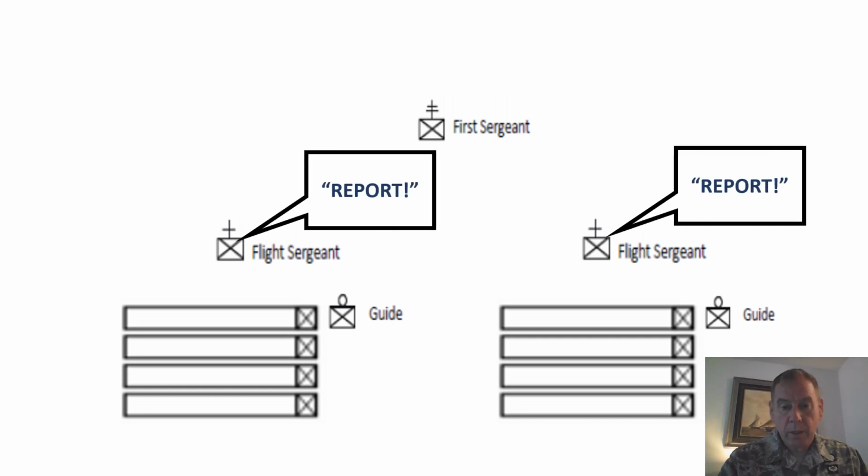Then the flight sergeants are going to initiate by saying report. By CAPP 60-33, the alpha flight or the far right flight will say it first, and then it will be said in sequence, from the next flight, Bravo, Charlie, and so forth.